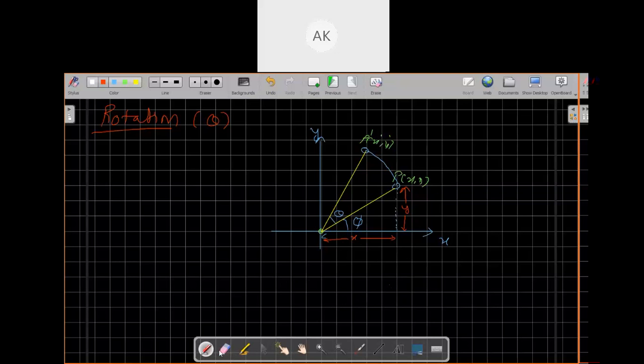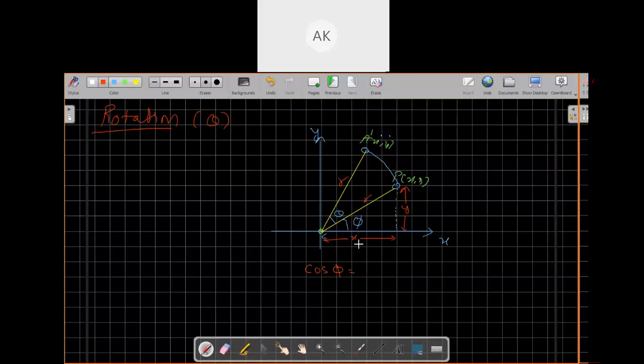So first see, just consider the angle of your current position with the x-axis is phi. Just consider the current position of your point makes angle phi with the x-axis.